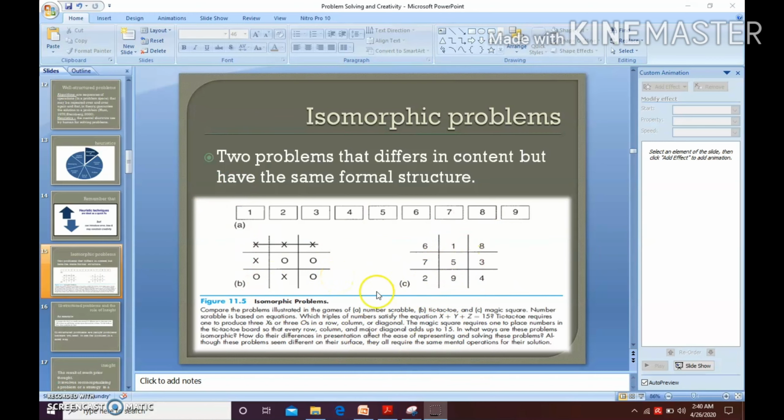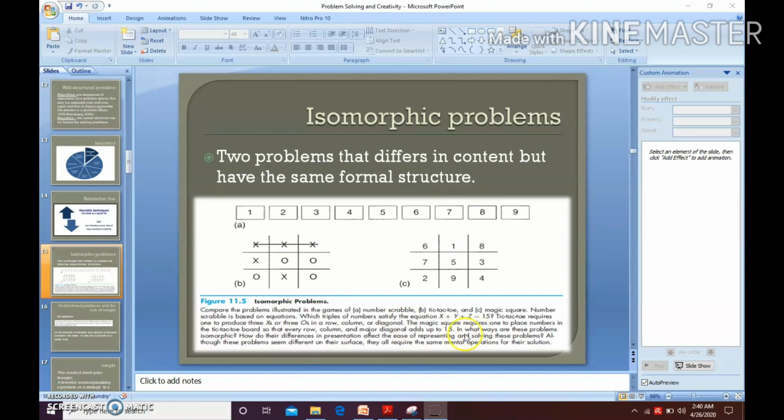So these are isomorphic problems because the games are mathematically equivalent. They are likely to differ psychologically because they require different sorts of information. Number Scrabble here is a numerical game requiring addition and subtraction of numbers, whereas tic-tac-toe requires a spatial representation which can only be disposed of with some difficulty even by fairly experienced players.